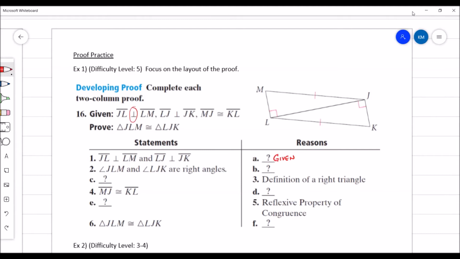It might seem repetitive or redundant, but it's not. We need to make sure that we're establishing that it's a right triangle if we're going to use the HL theorem. So here we're going to say definition of perpendicular lines. Here we can say that triangle JLM and triangle LJK are right triangles.